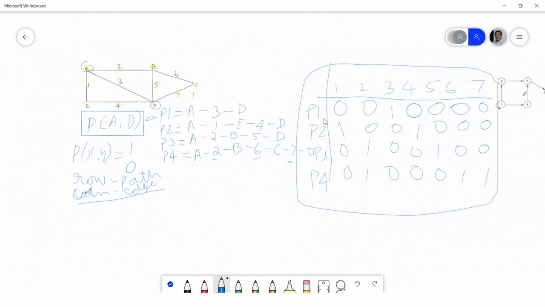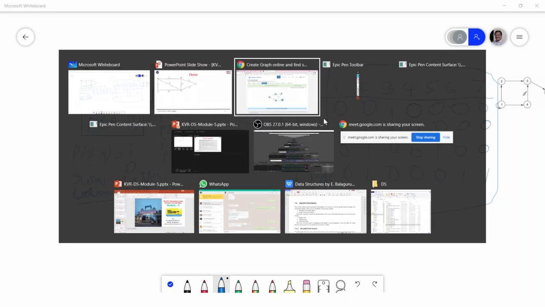Similarly, in the examination, if a graph is given and a path is given between two nodes, you have to find the best path between them, or write the path matrix. Hope you have noted down how exactly the path matrix is represented.